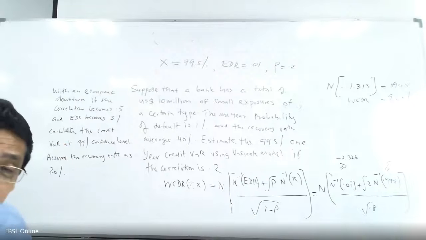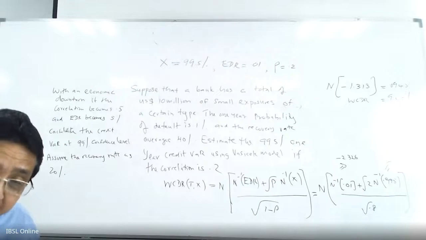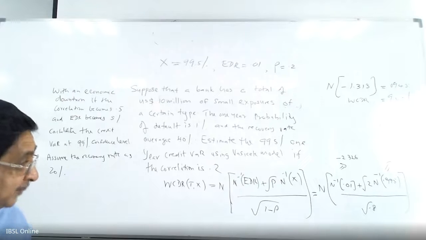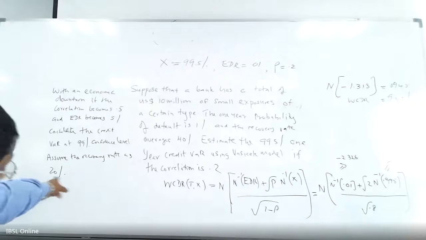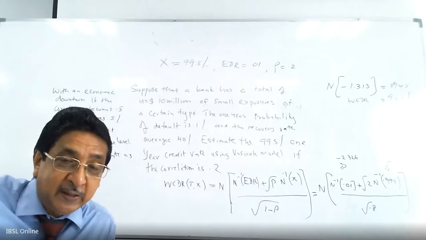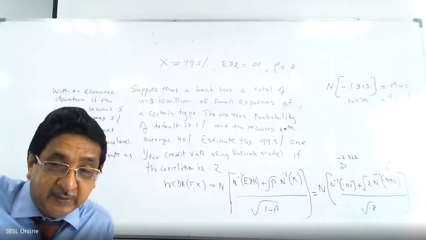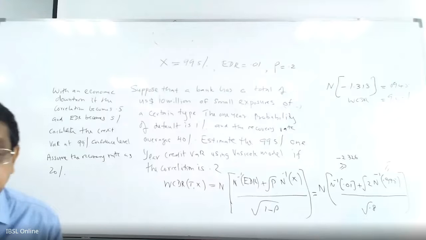Now this time I have just brought down marginally the confidence level to 99%. Assume the recovery rate as 20%. Now earlier the recovery rate was 40%. This time the recovery rate is only 20%. So with that you do the calculations again. Got it now? All of you do the calculation again and see what will happen there.